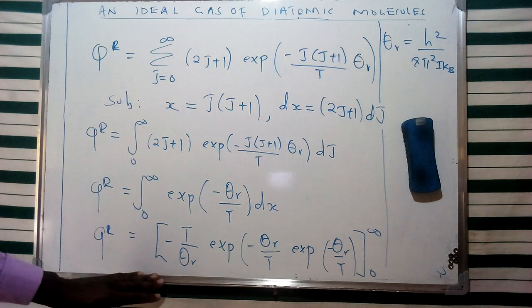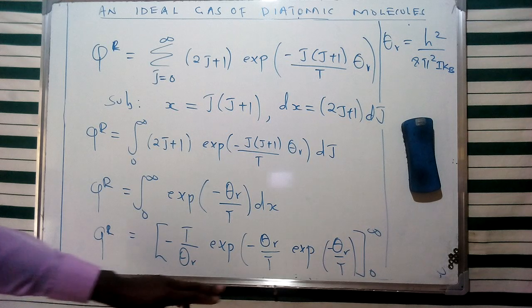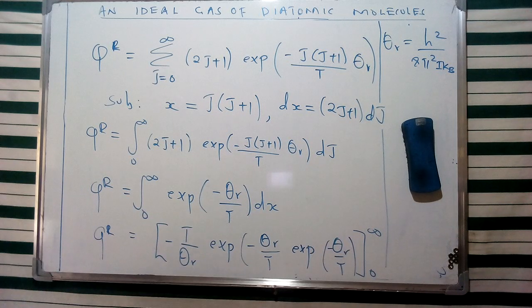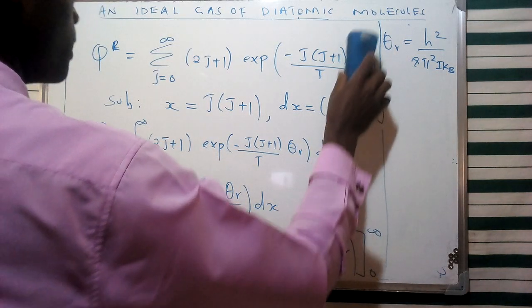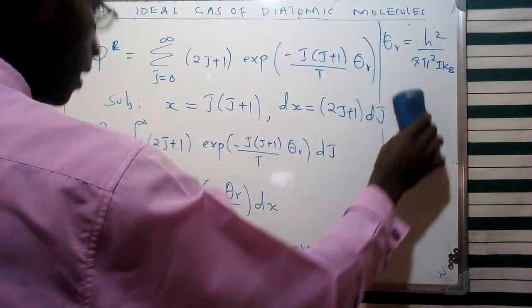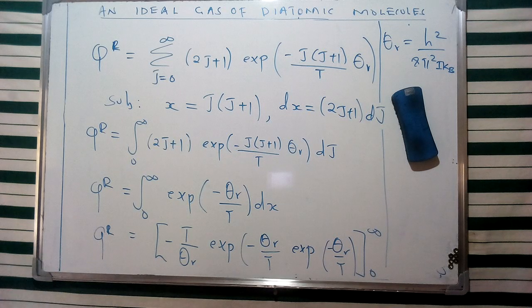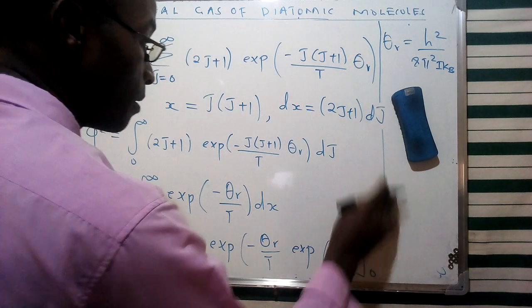Now if we try to substitute the limits for 0 and infinity, these are going to give us the product which is going to represent the final aspect of the rotational partition function, so I can just have this one summed up.